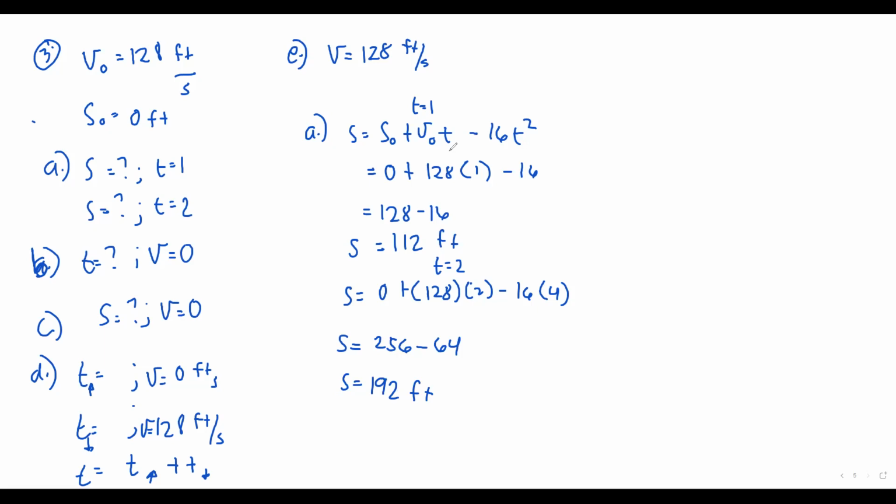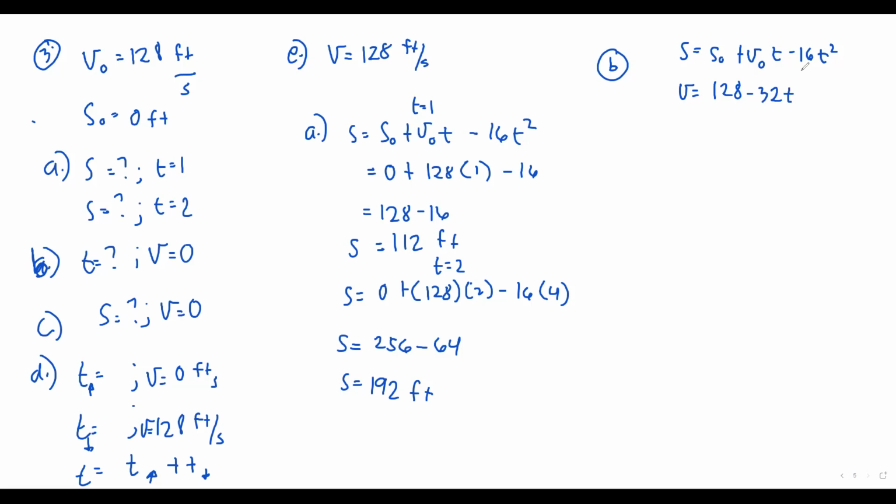So, next tayo, B. Find anong time. So, technically, meron tayong initial formula na S is equals to, ayan, plus VOT minus 16T squared. Meron tayong value ng VO, which is 128. So, magiging velocity is equals to 128 minus 32T.